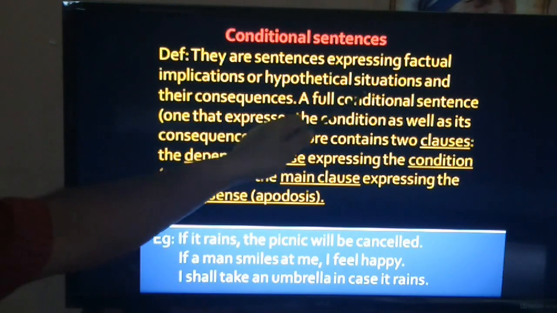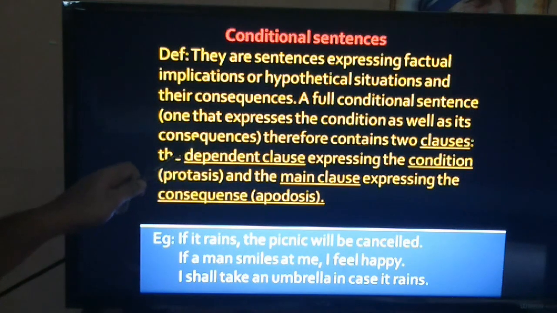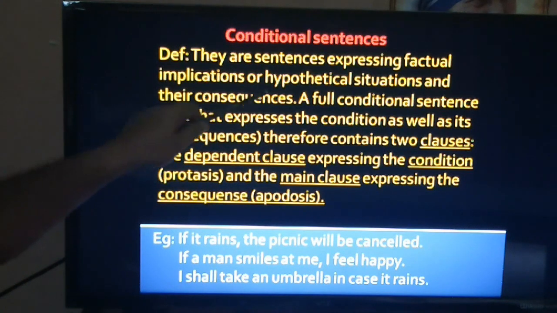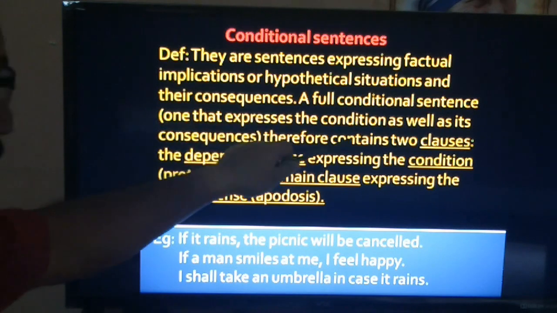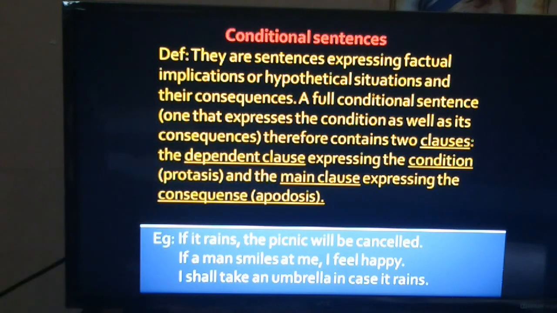A full conditional sentence means one that expresses the condition as well as its consequences. In a conditional sentence we have the if clause, which shows the condition, and the consequence clause, which is the main clause. So there is a dependent clause and a main, independent clause.